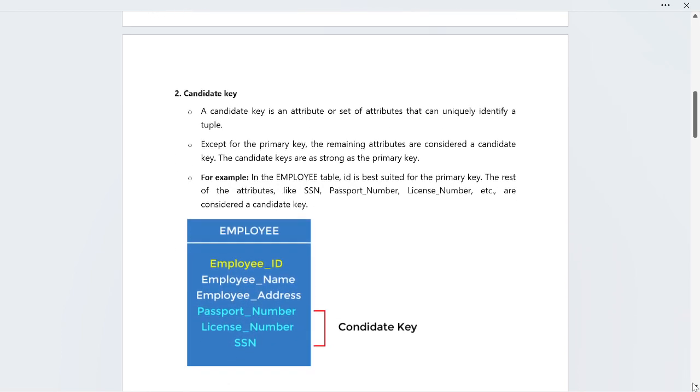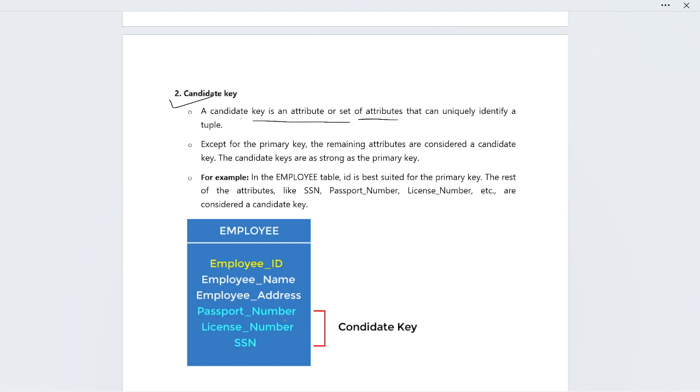Now there is the candidate key, the second point. A candidate key is an attribute or a set of attributes that can uniquely identify a tuple. A primary key is only one key, but a candidate key is an attribute or set of attributes.